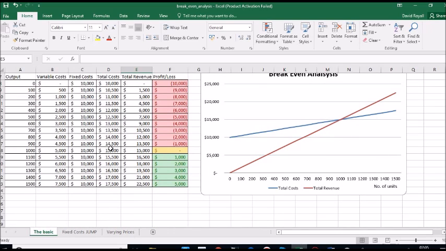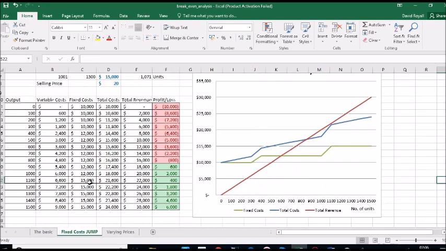Let's imagine now that the fixed cost cannot stay the same throughout. It's inevitable at some point you're going to need to invest in new capital equipment, maybe pay for a new worker. So what I've done now is see what happens if the fixed costs actually go up at a certain point.